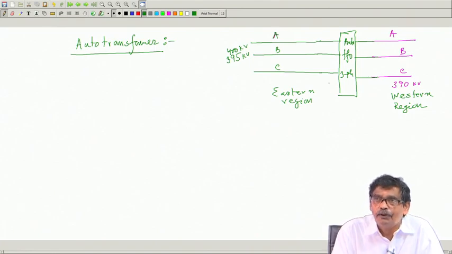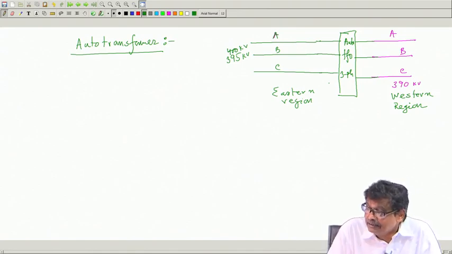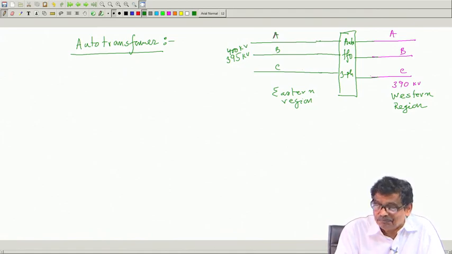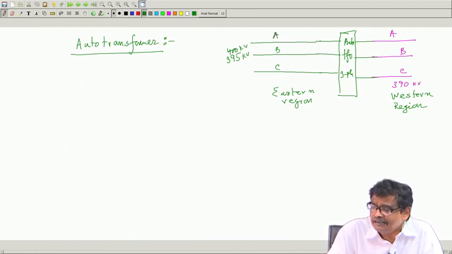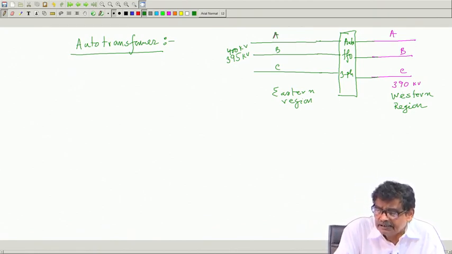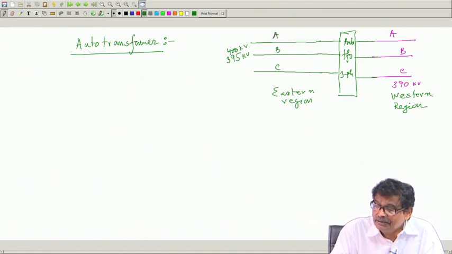A 2 winding transformer can also be used to parallel them, but I will not do that. Why? Because I see that the ratio of the voltage is so small, 395 to 390 kV that I have to connect. This side is 395, that side 390 kV.